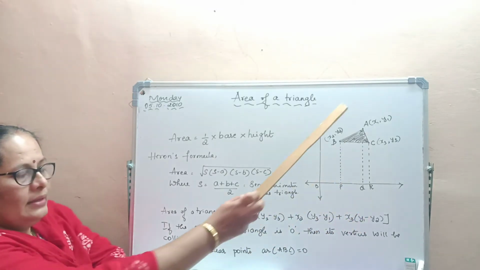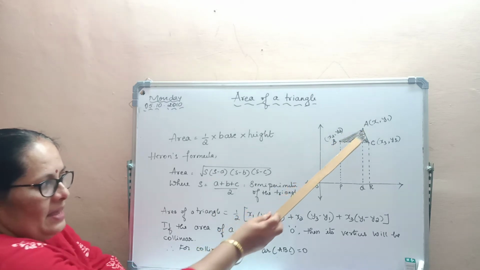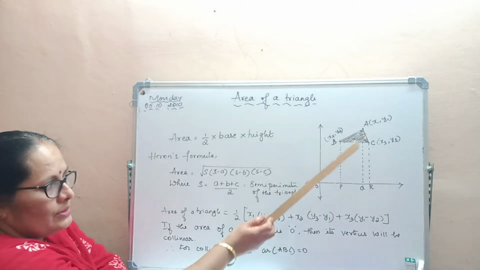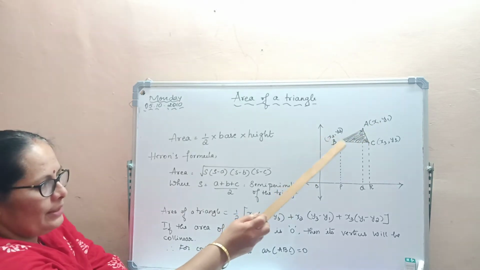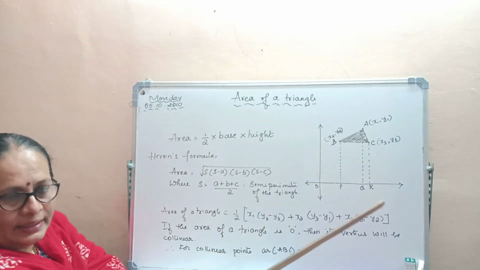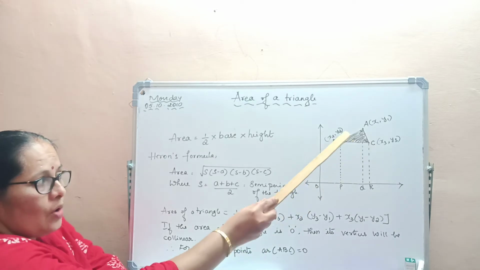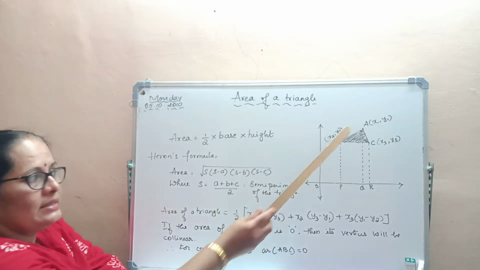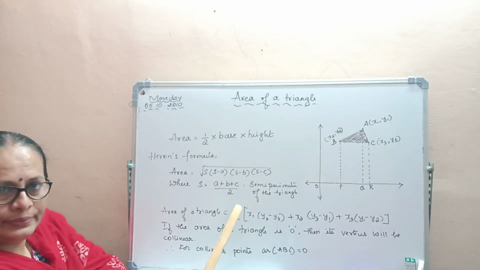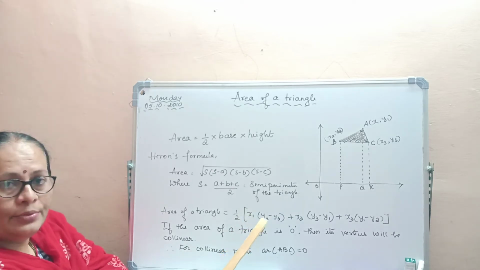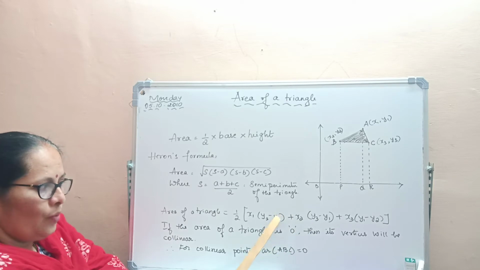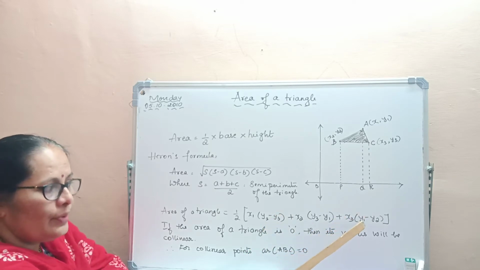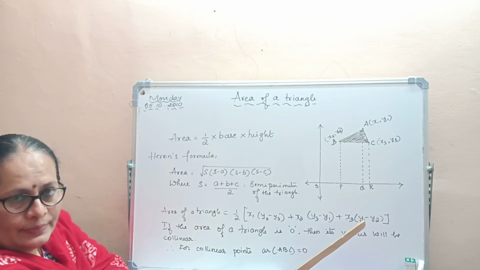Suppose a triangle ABC is given whose coordinates are A (x1, y1), B (x2, y2) and C (x3, y3). Then the area of triangle ABC is equal to half into x1 (y2 minus y3) plus x2 (y3 minus y1) plus x3 (y1 minus y2).